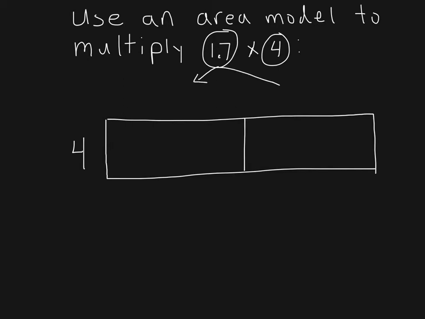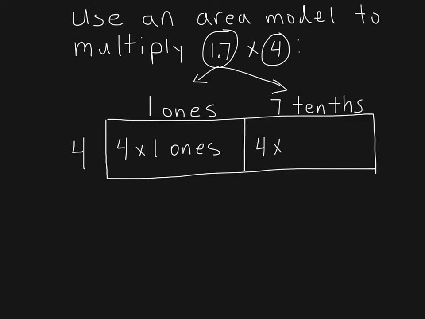So I have a 1 in the ones place, and I have a 7 in the tenths place. So I'm using unit form now. And then inside the boxes, I'm going to multiply. So I have 4 times 1 ones, and I have 4 times 7 tenths.